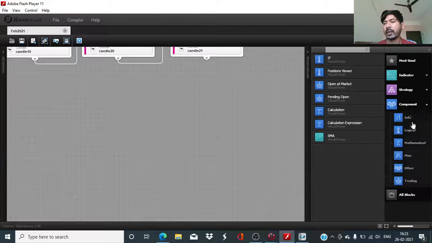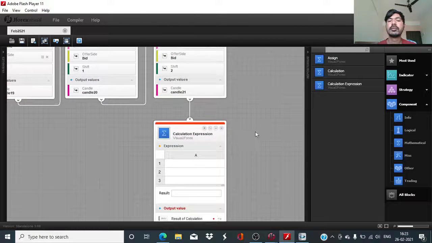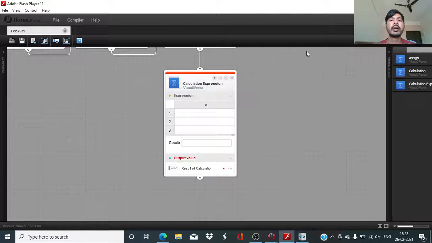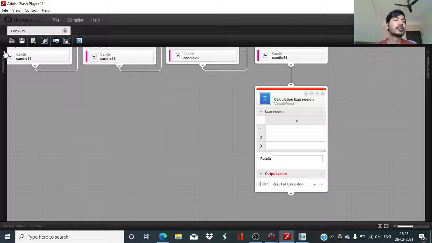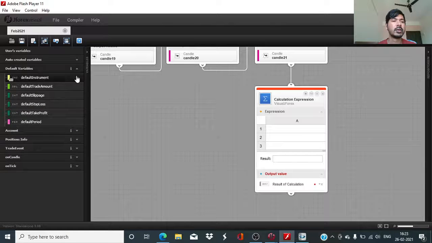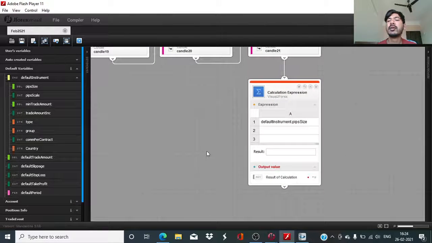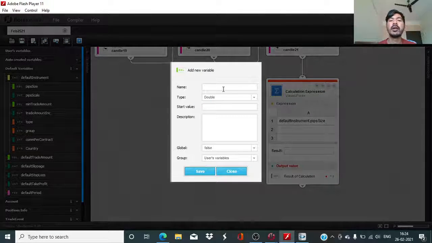So I will take the mathematical components here, calculation expression, and here I will define default instrument pip size, and I will have to create a new variable.